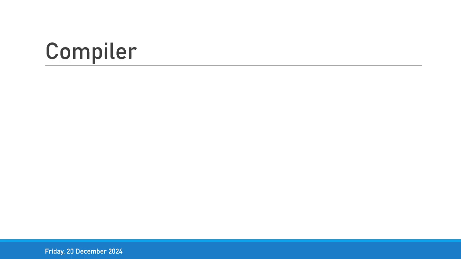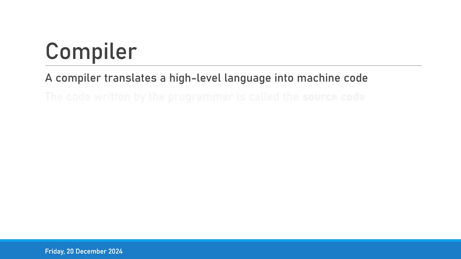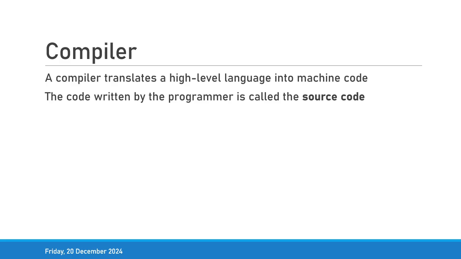So what does a compiler do? Well, a compiler translates a whole program all in one and then creates source code. Basically, if you've got a program that adds two numbers together, it doesn't really matter what the program is. It will translate all of it in one go and then create an exe file, which is then directly executable by the CPU.